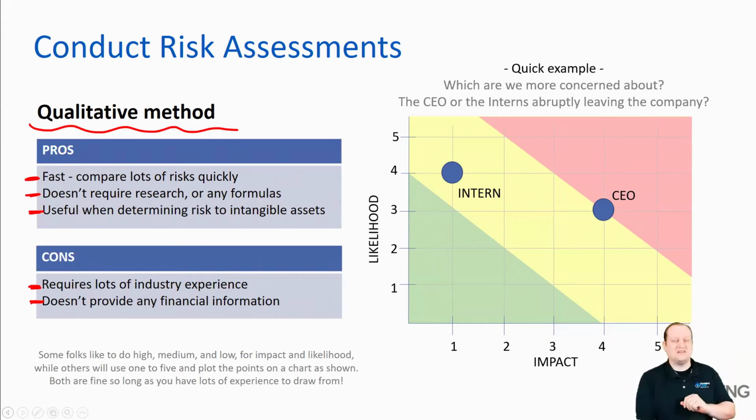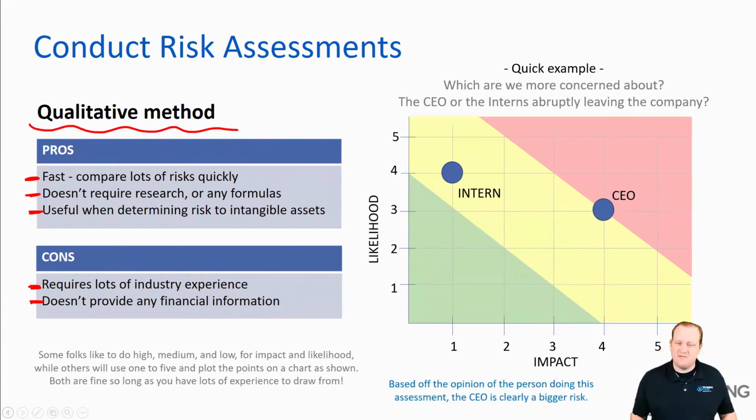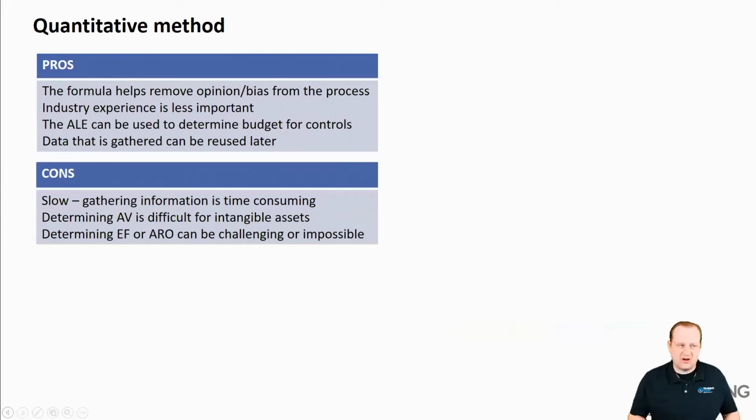This then suggests that there's going to be some sort of system where we do get some financial information that maybe doesn't hinge on industry experience. There is. It's called quantitative. Quantitative as opposed to qualitative. Qualitative is all opinion-based; quality judgment is critical. Here in quantitative, we're counting things.